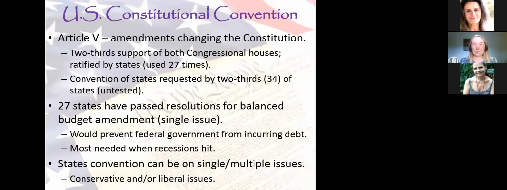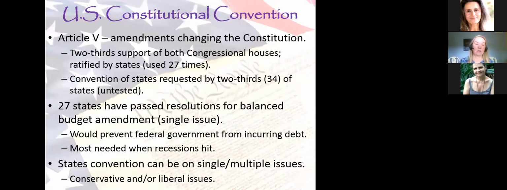And so with the U.S. Constitution, amendments are done on a national level through Article 5, and there's two ways you can do it. It takes a 2/3 support of both congressional houses putting forth a bill and passing it into law, and then having it ratified by 2/3 of the states.